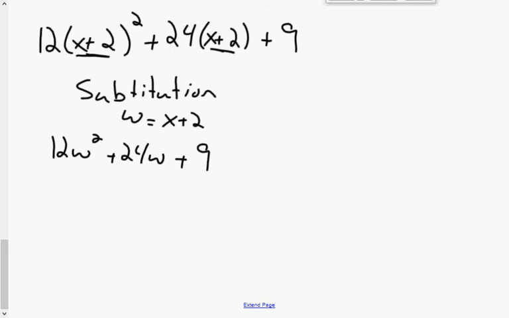Now, is this something that's a little more recognizable? We've worked with these things before. I can't take a 12 out of everything, unfortunately, but I can take a 3 out of everything. So I'll make my numbers a little bit smaller to work with.